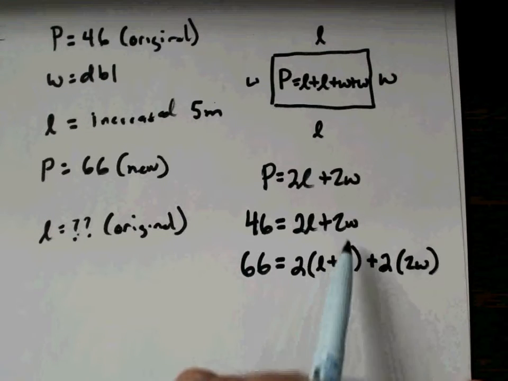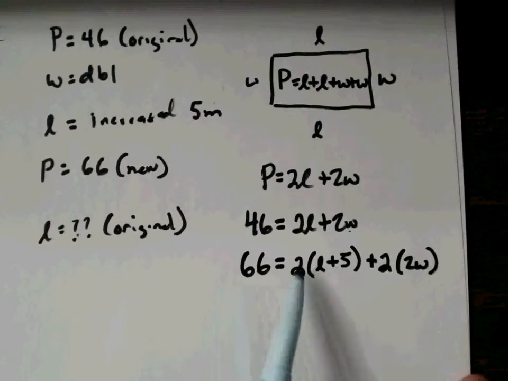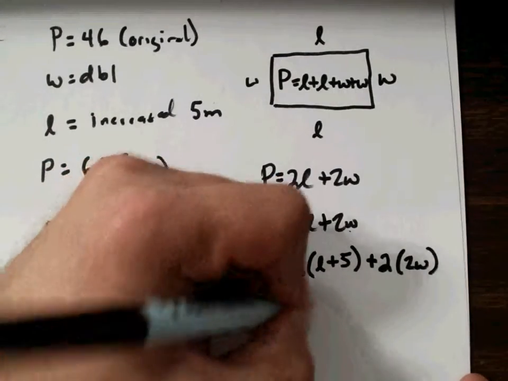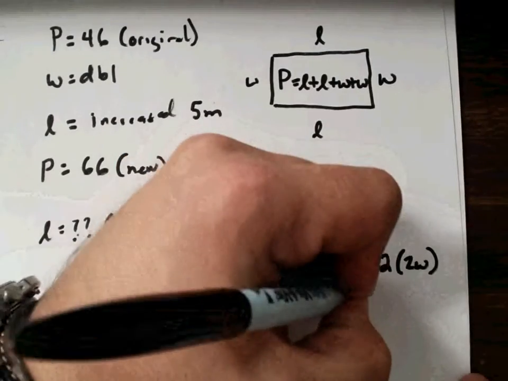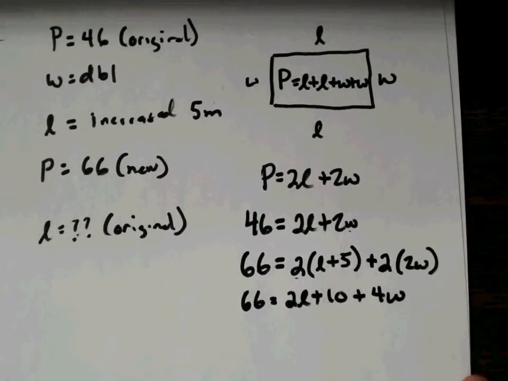And so this one up here is simplified. What form is it in? Standard form. This one down here is not simplified, so let's simplify it down. I'm going to distribute the 2, and I'm going to get 2L plus 10, and this is going to be plus 4W. I combine any like terms. Do I have any like terms I can combine?